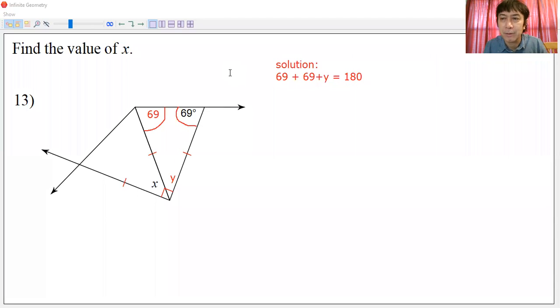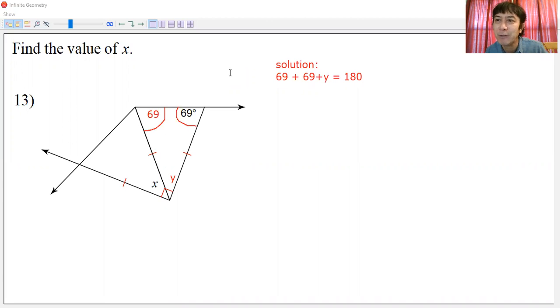The measure of all interior angles of any triangle is always 180. So if we add 69 and the 69, which we concluded from the statement, if two sides of a triangle are equal, then the two angles opposite the sides are equal also. So we have 69 plus 69, and the third angle y, that should be 180.